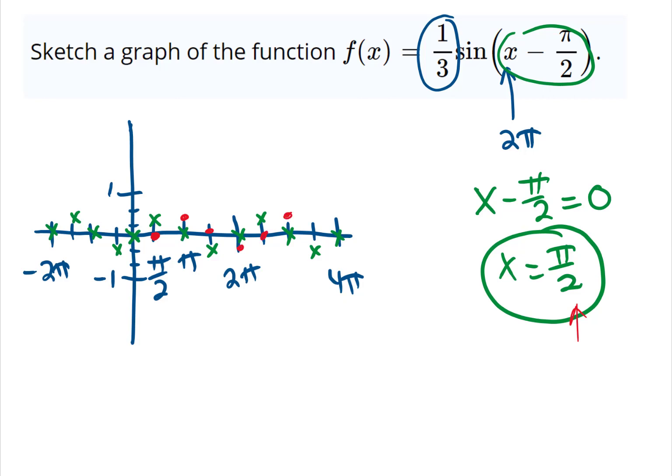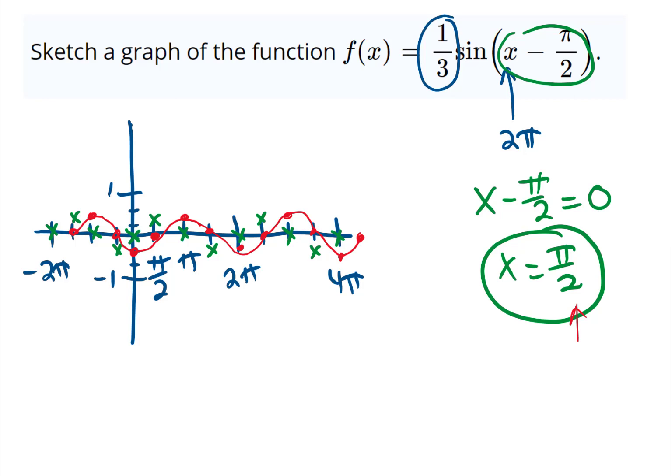And once we've got all the points shifted horizontally, this one will come over here, this one's over here, this one's here, this one is there. Now I can join those up, and there is my graph of 1/3 sine quantity x minus pi halves.